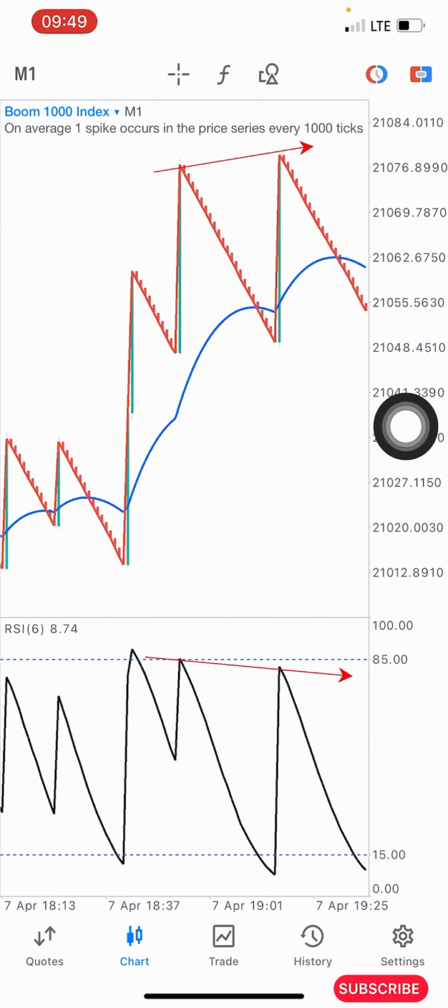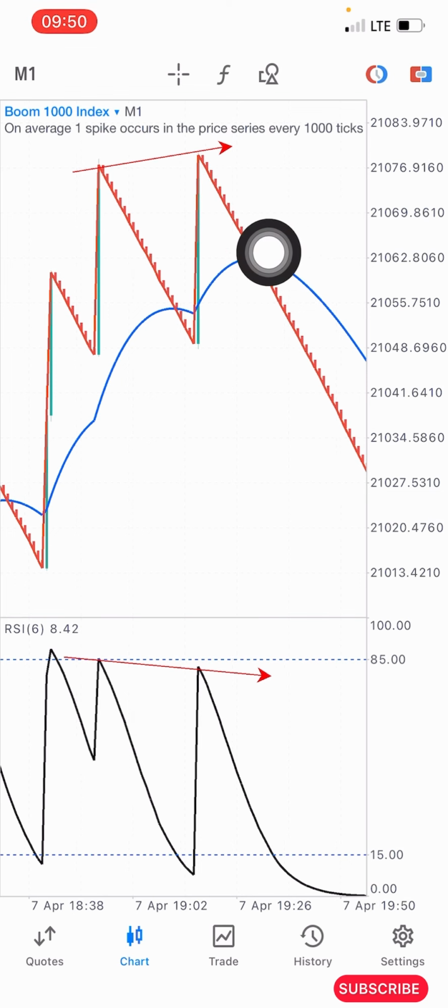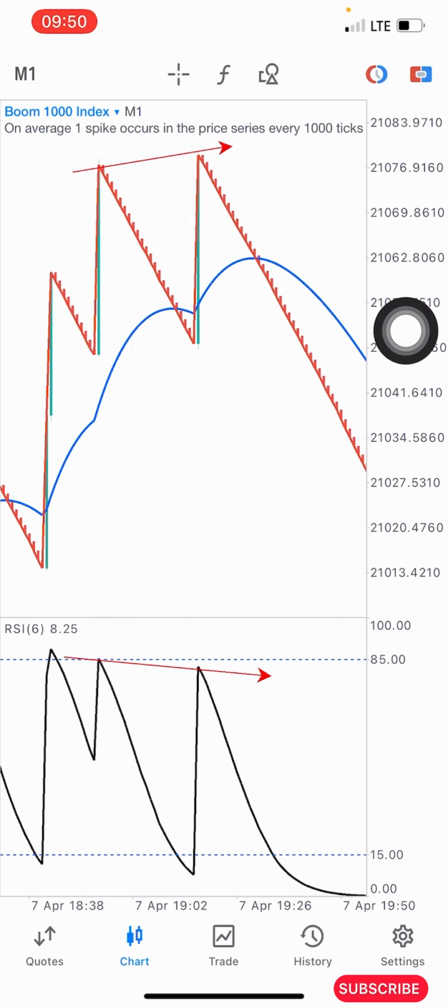All right, and it's going to play a very important role. All right, so now whenever this happens, just know that you are going to wait for price to cross below the blue line here. All right, so once price gets below the blue line, you are to pick 5 candles. All right, you pick 5 candles and then you exit the market.